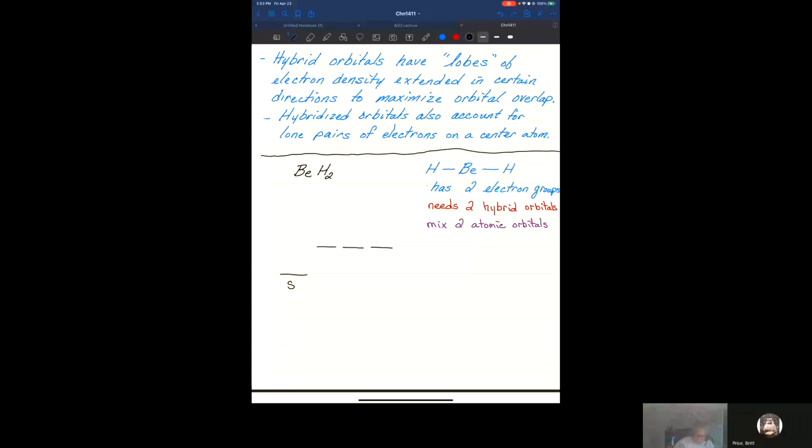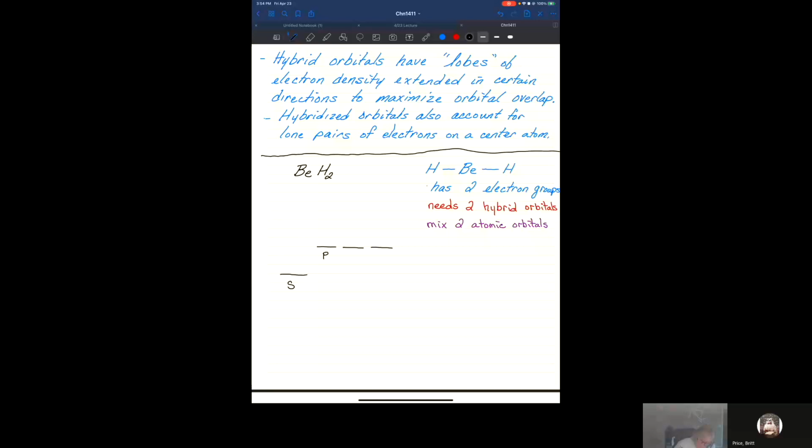And so because we don't include the quantum numbers in making those hybrid orbitals, I'm not going to include them in my diagram here.